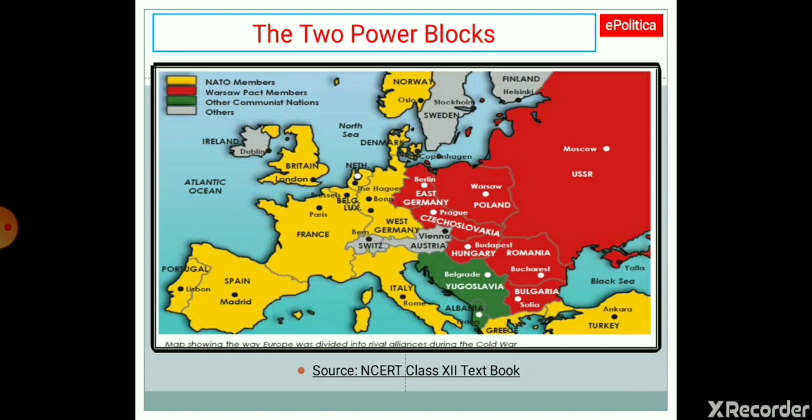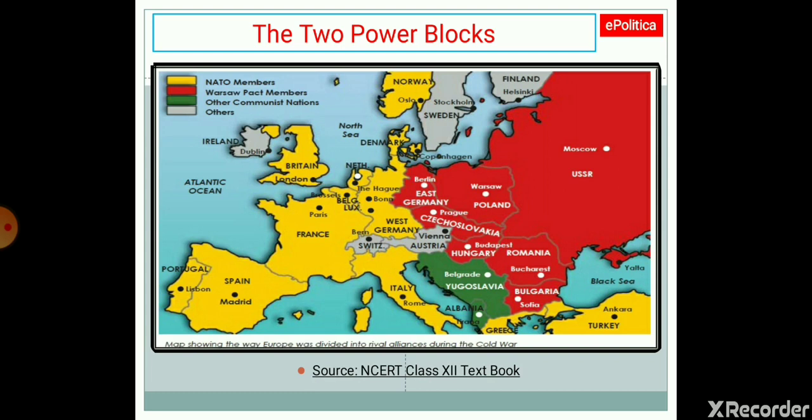The countries with yellow mark were under the United States of America's important institution called NATO, North Atlantic Treaty Organization, and the countries with red mark were under the Soviet Union. And these countries were under the dominance of another important organization called Warsaw Pact.